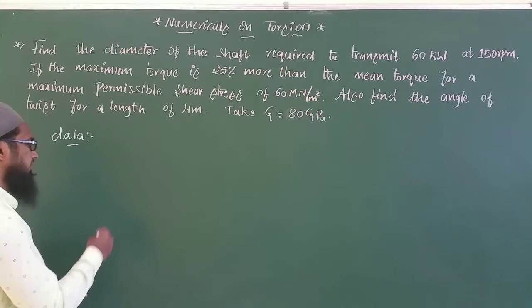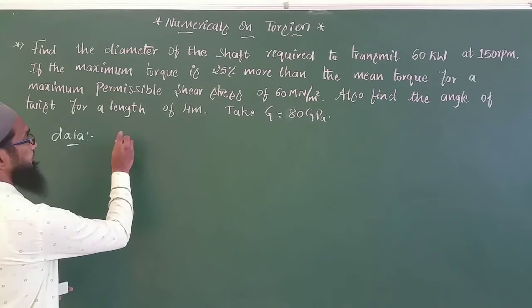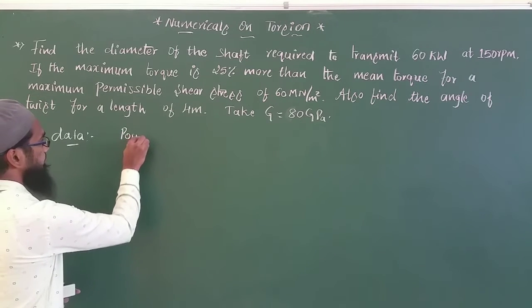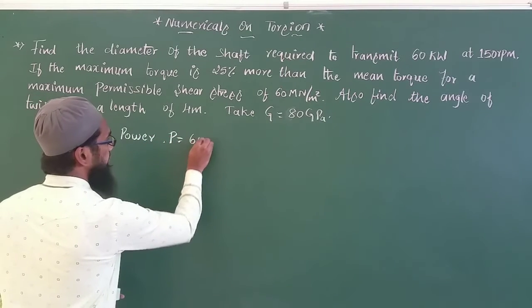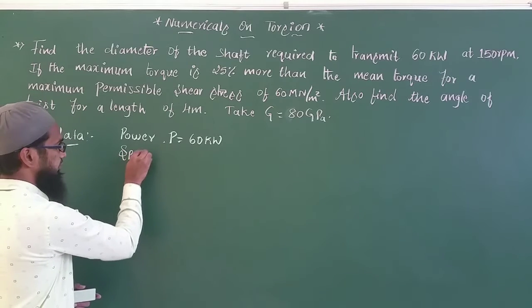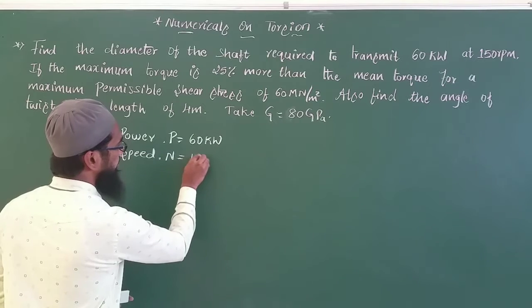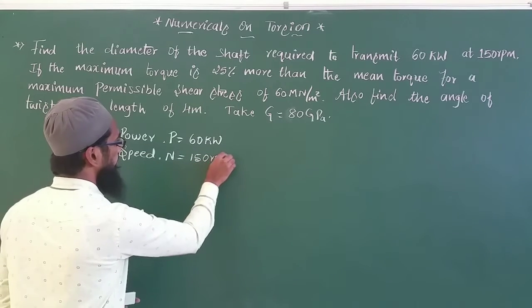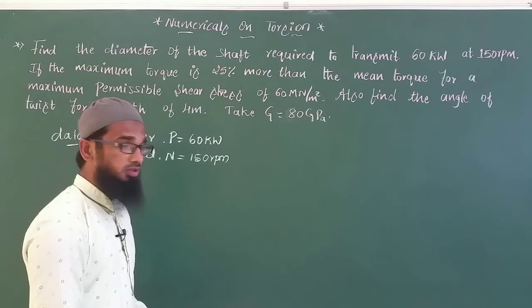Now we write down the data given in the problem. The power P is equal to 60 kilowatt. The shaft runs at a speed of 150 rpm, and the maximum torque is 25% more than the mean torque.